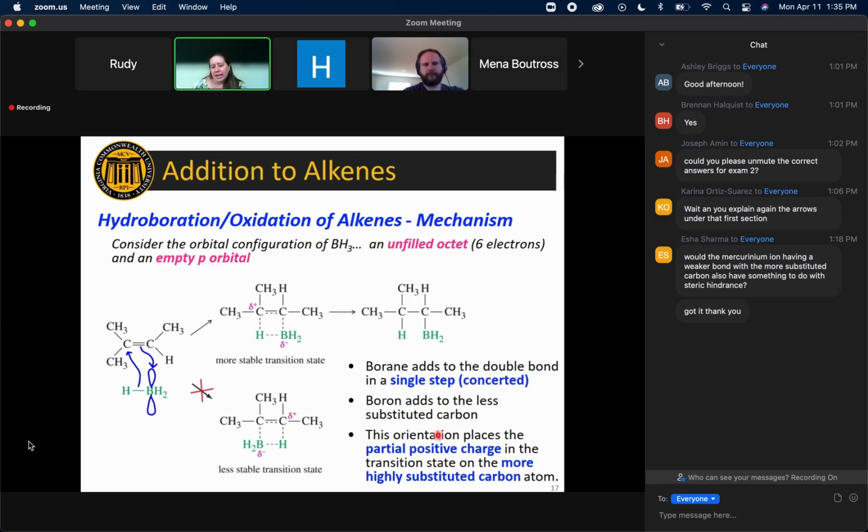Okay, these bullets here just say everything that I just said over the course of talking through this slide, so I'll let you review those bullets on your own later. But this borane adding across that double bond is the end result of the hydroboration step. Again, here's a hydrogen and here's a boron, so we've got a hydroboration of that alkene.